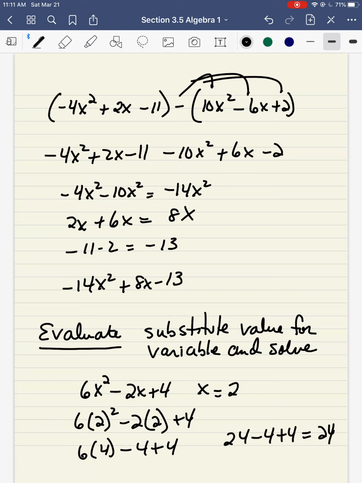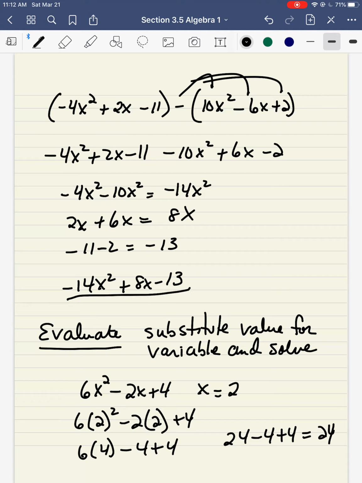So you're going to combine the minus 4x squared with the minus 10x squared to get a minus 14x squared. The 2x and the 6x is going to make an 8x. The minus 11 and the minus 2 is going to make a minus 13. So when you rewrite the whole thing, you have minus 14x squared plus 8x minus 13.